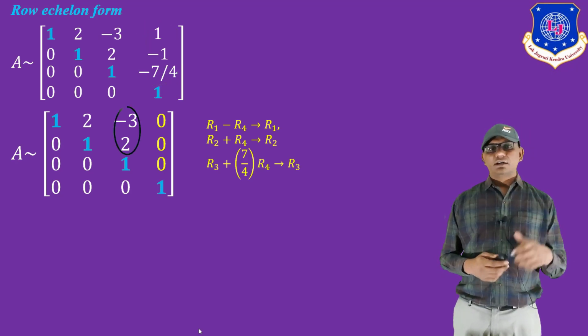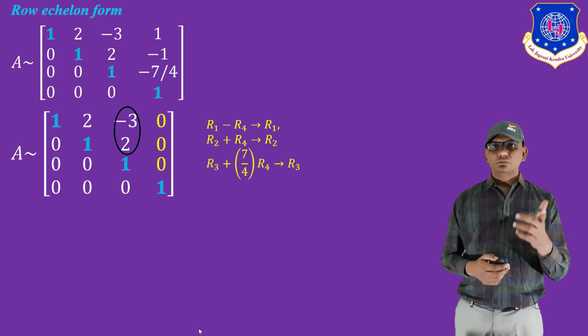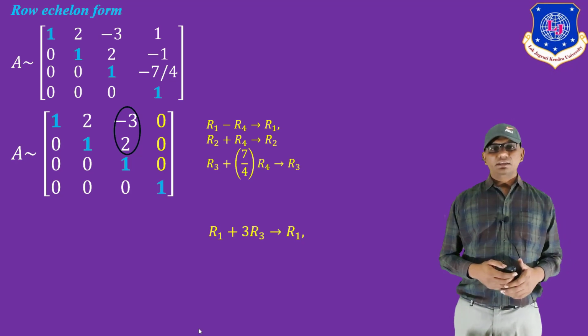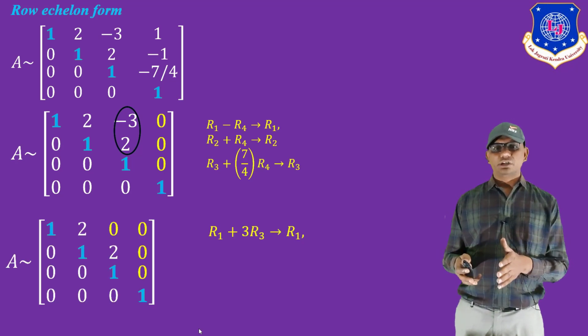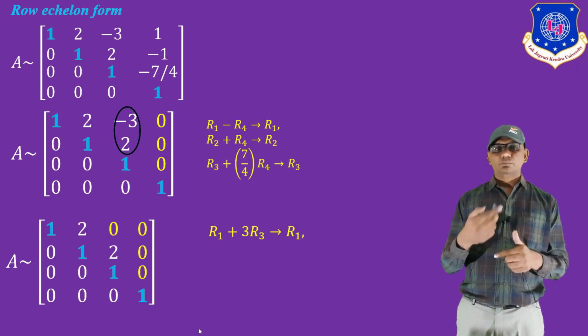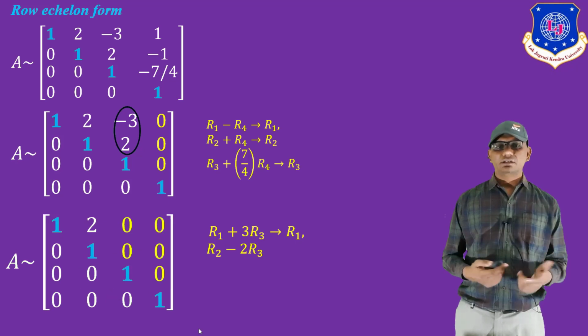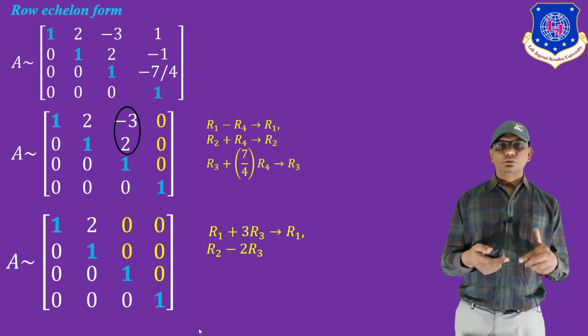Now we are converting -2, -3 and 2 into 0 entries by applying R1 plus 3R3 on R1. So we get 0 in place of -3 in the third column, and now we have to convert 2 into 0.